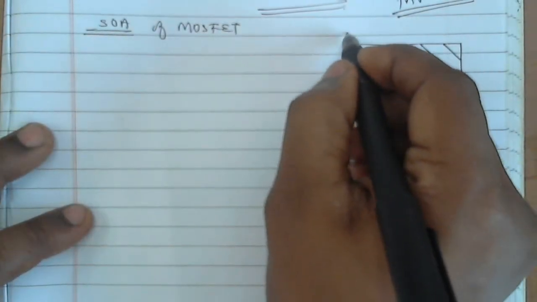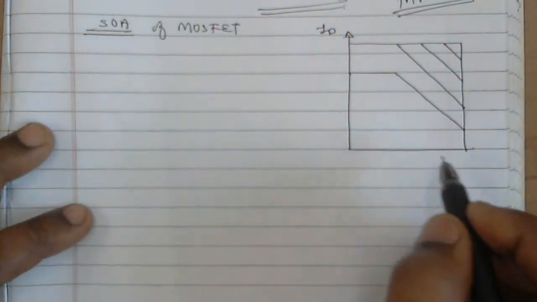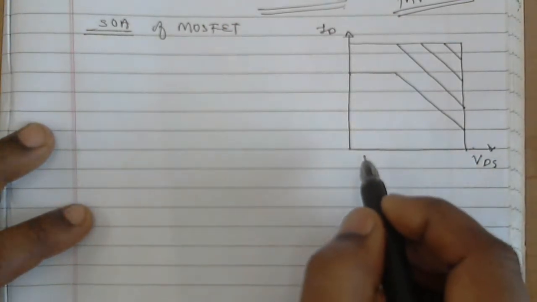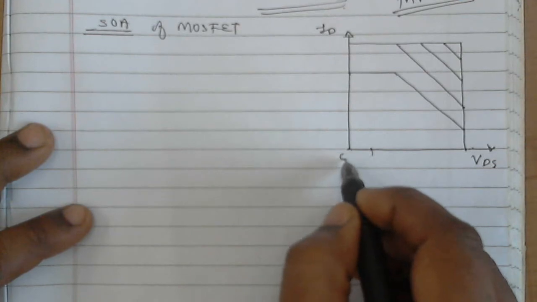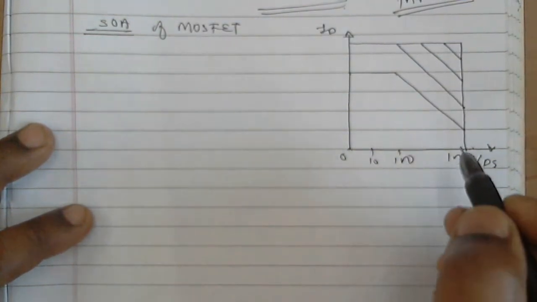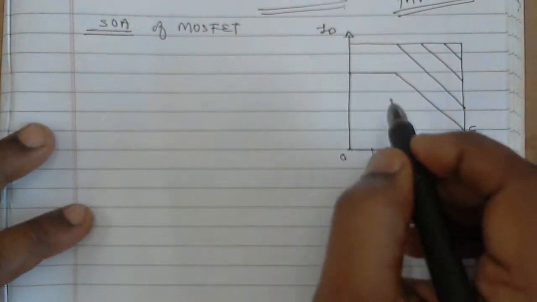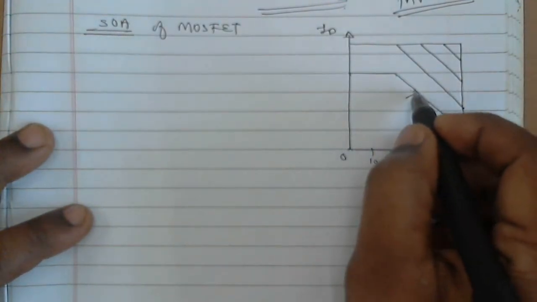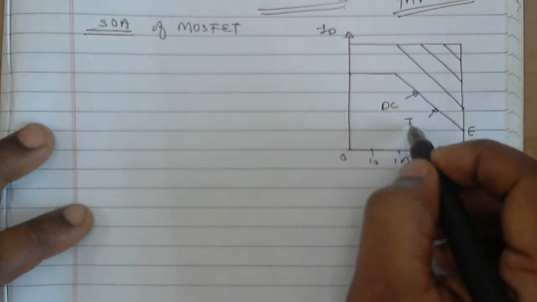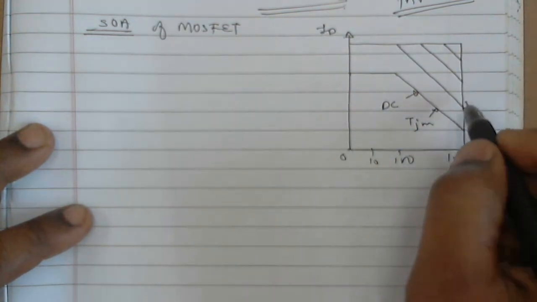On the y-axis I have shown drain current, and on the x-axis there is the drain to source voltage. This is for DC, at the junction temperature.